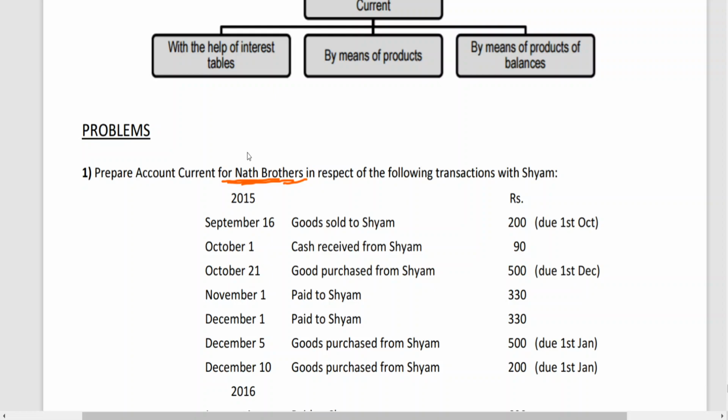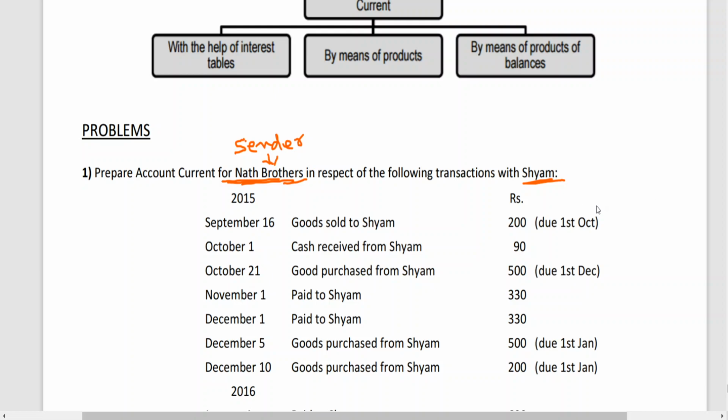This is an indication. So, North Brothers is the sender. Who is the receiver then? Sham. So we'll be writing, Sham in account current with North Brothers.